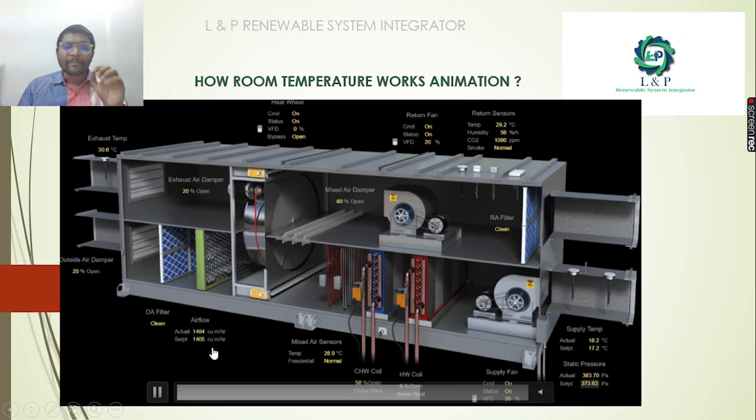With the help of the airflow sensor we measure the airflow, in meters per second or cubic meters per hour. To maintain the set point airflow inside the duct or the building, we should know the airflow, and for that we use these air velocity sensors.